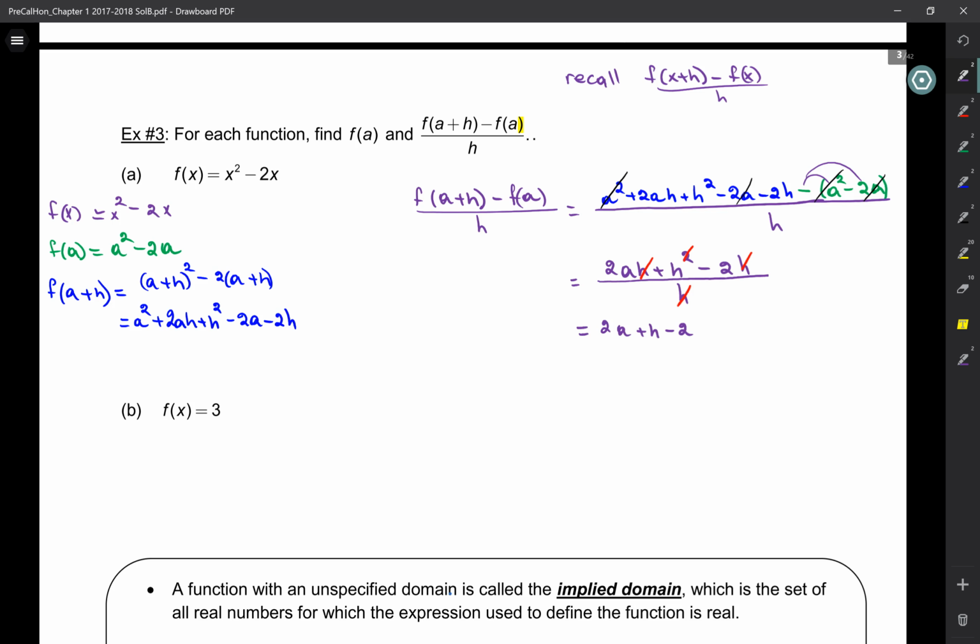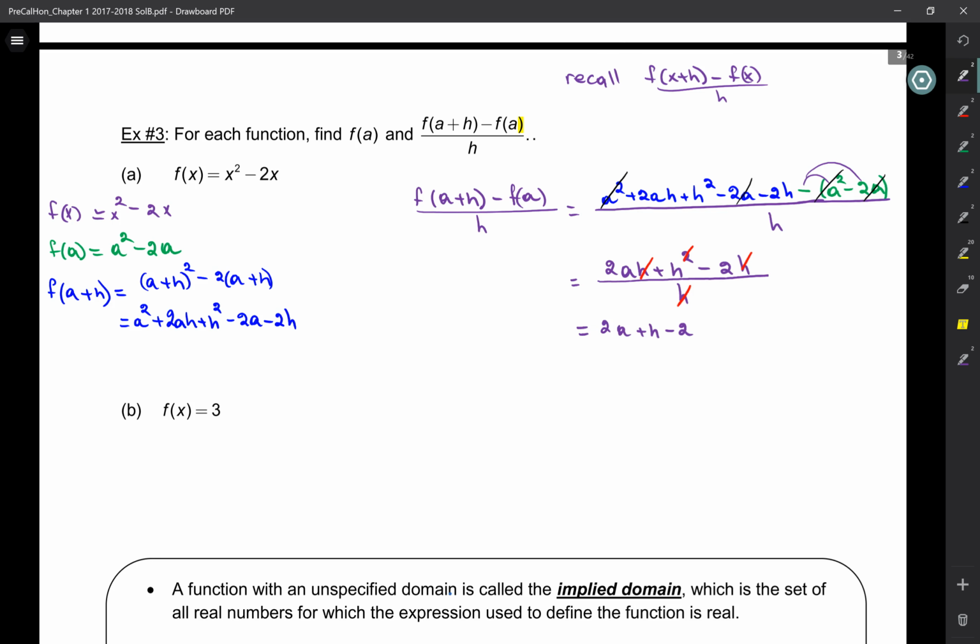And here it was minus 2a plus 2a. You see how it's the blue one? Minus, in parentheses, a squared minus 2a.